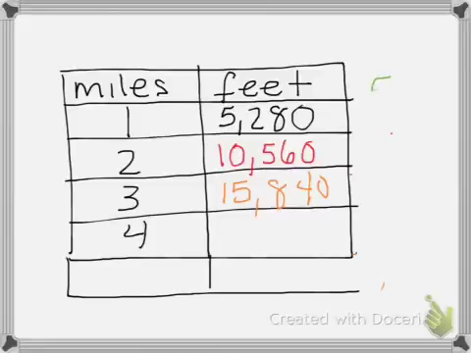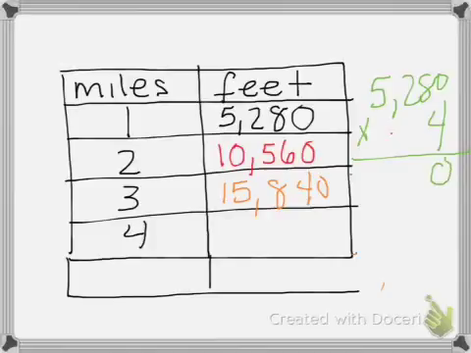So again, 5,280, and I want to know how many feet are in 4 miles. 4 times 0 is 0, 4 times 8 is 32, so 2 tens with 3 hundreds. 4 times 2 is 8, plus my other 3 hundreds is 11, so that's 1,000. 4 times 5 is 20,000, plus 1 more is 21. So 21,120.